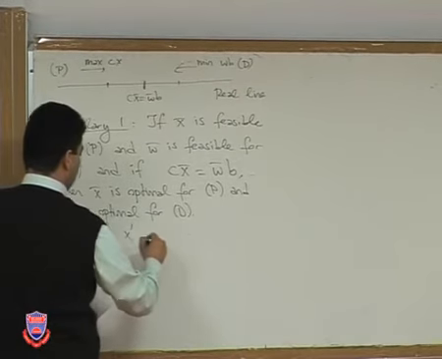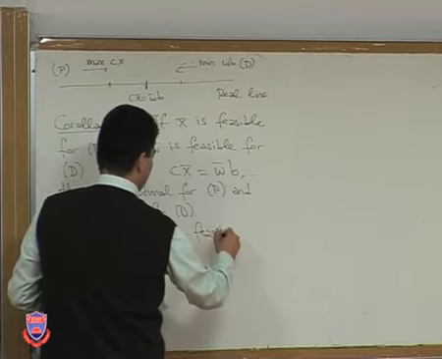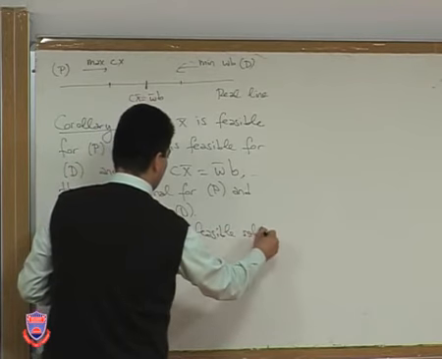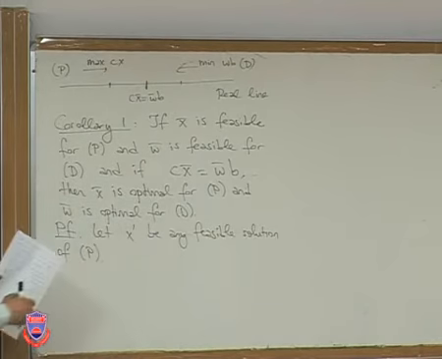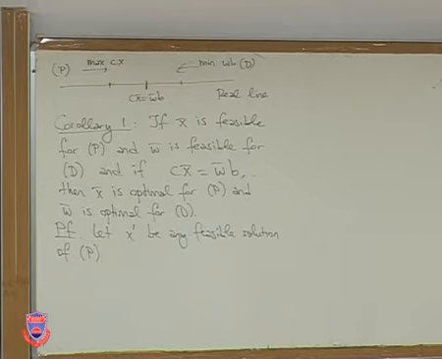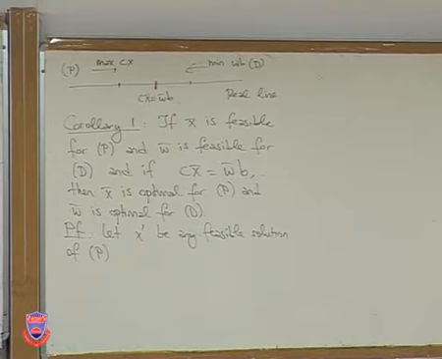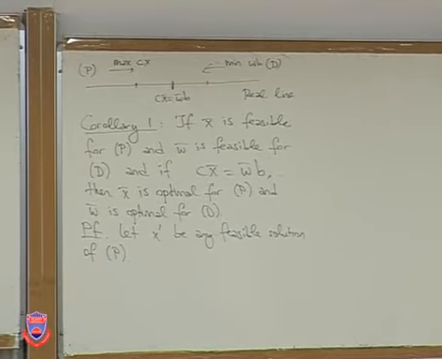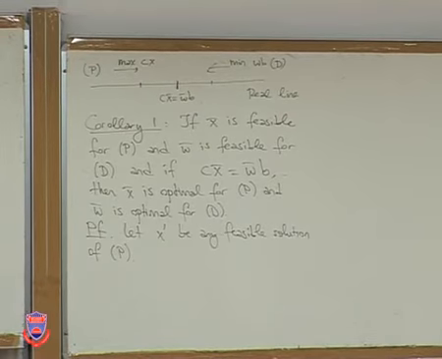So let x prime be any feasible solution for the primal problem. And I want to show that x prime cannot be better than x bar in terms of the objective function value. Okay? Or I need to show that x bar is at least as good as x prime, basically. Okay?